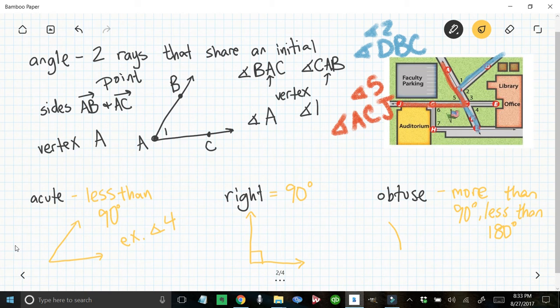Our book doesn't get into that though. Let me rewrite that. I don't like the way that turned out. Yeah, that's not much better. But this right here is an obtuse angle, and looking at the picture, it looks like angle 2 is an obtuse angle, angle 3 is an obtuse angle. So if you want to write an example of that, that would be a good idea too, if you copied this picture down. If you didn't copy the picture down, then all of these aren't going to make a whole lot of sense in your notes. So use your best judgment on that.